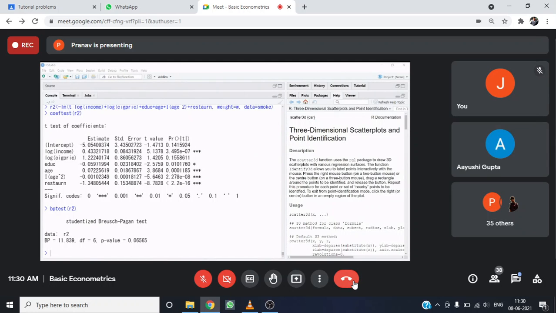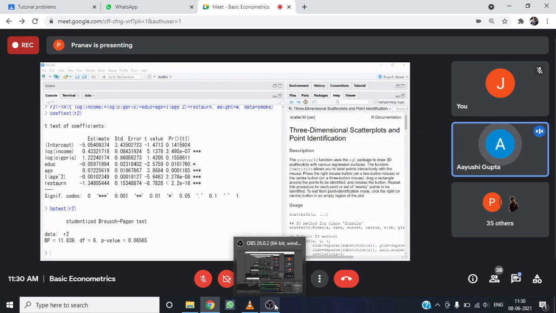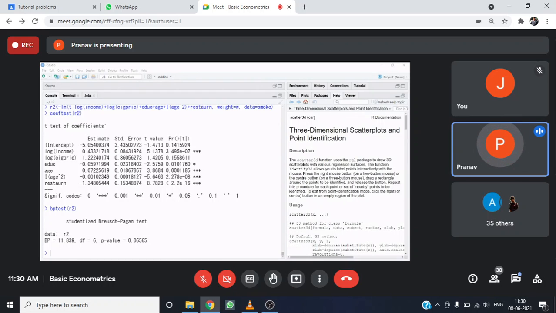Sir, does this process always work? This method of generalized least squares will work more often than not. Sir, here the BP test value has changed, but it's very low, so is it all right? I think it is 6% here. So your null hypothesis will not be rejected at the 5% level with 6%.